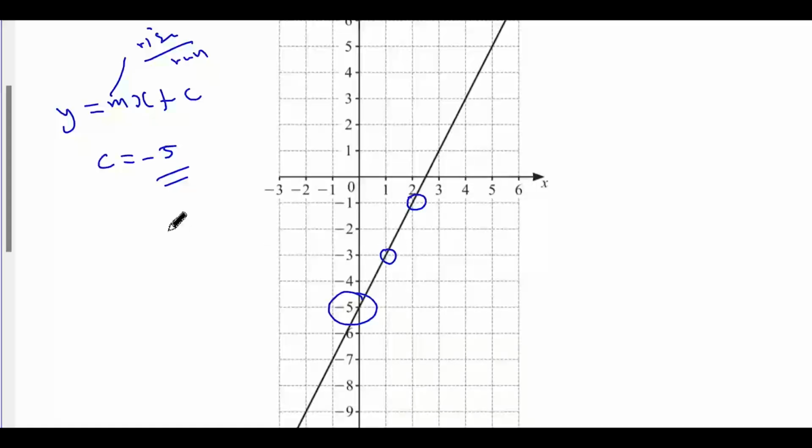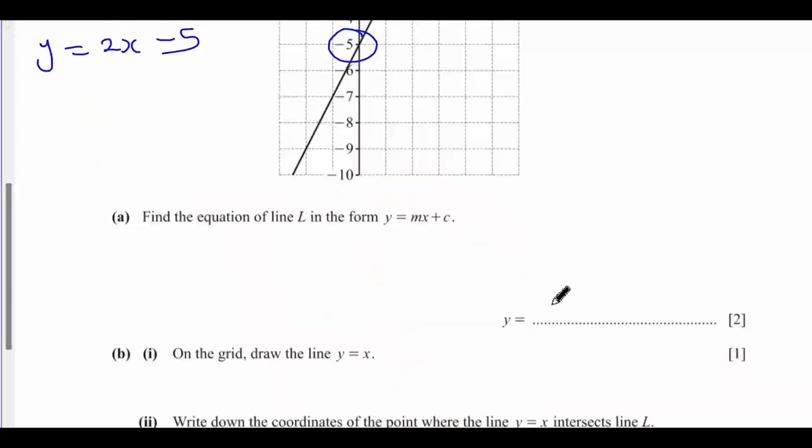That means you rise twice and you run once. So the gradient m is equal to 2 over 1. So the equation of line L will be y equals 2x minus 5.